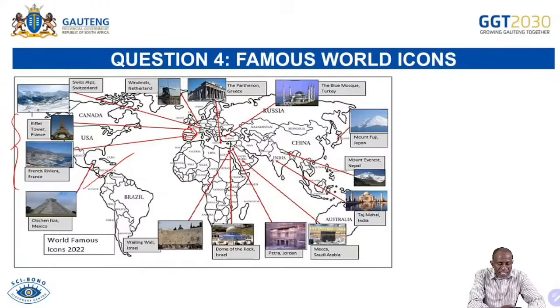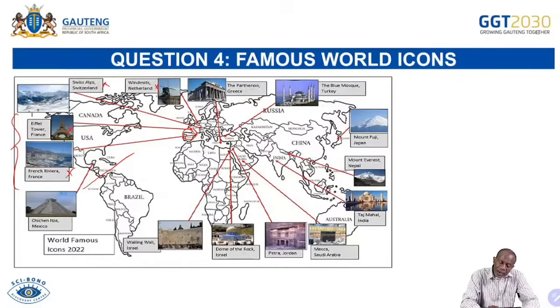So out of these 14 icons, we can clearly see that the French Riviera, the Eiffel Tower, the Swiss Alps, the windmills, and also the Parthenon that is found in Greece are situated in Europe, and the Blue Mosque is situated in Turkey.